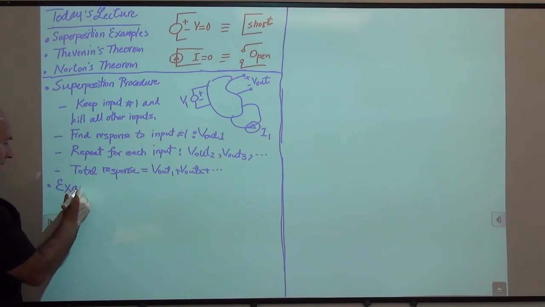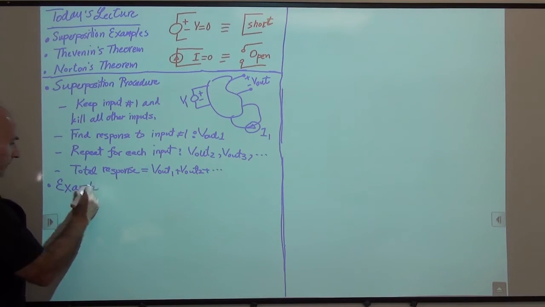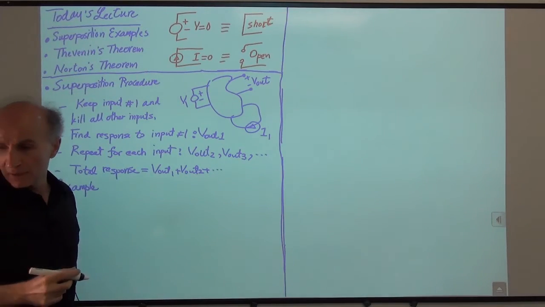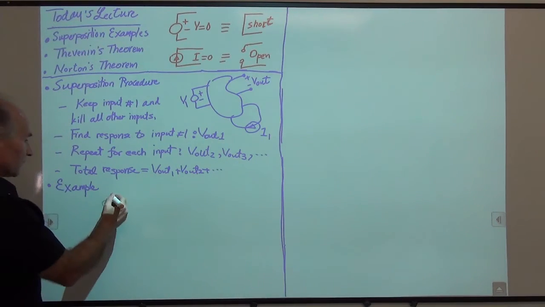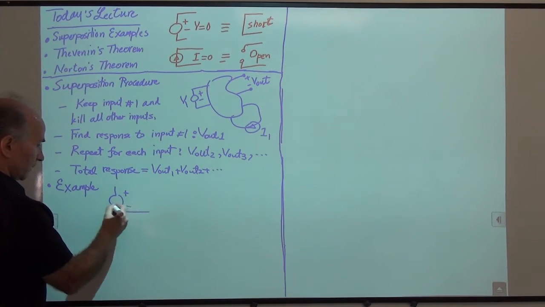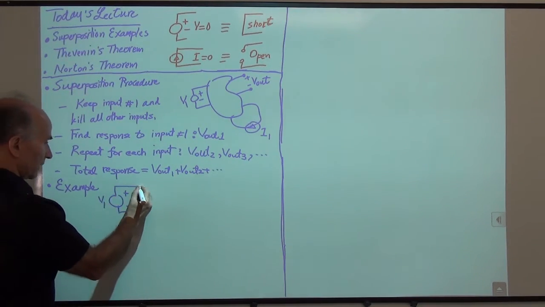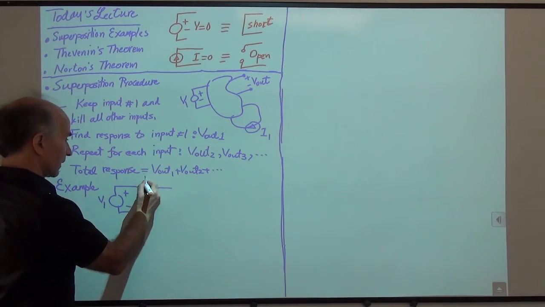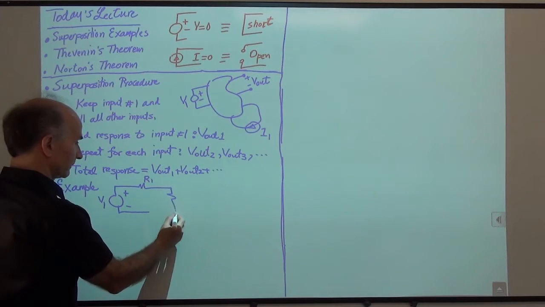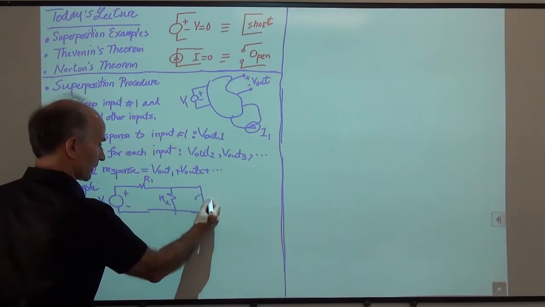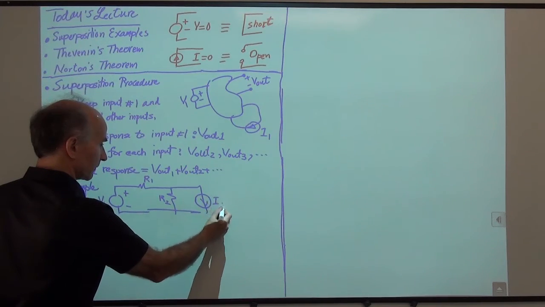So here's one example. Let's see what we have. All right, so let's start with something very simple. We have a voltage source here. We call V1. Then we have two resistors R1 and R2, and then we have a current source I1.